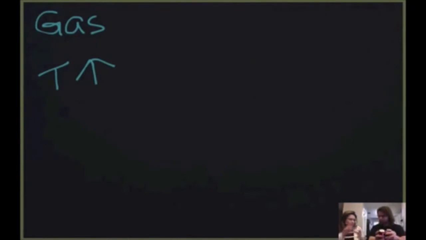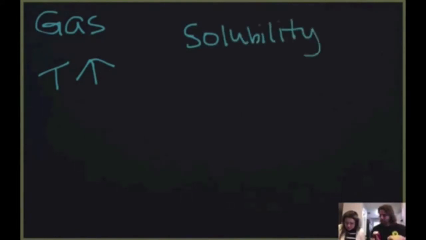So why is the can getting bigger? It seems like the gas that is in here is trying to get out. Right, so the gas is leaving the liquid and filling the space in the can. So if the temperature goes up, the solubility of the gas goes down. Exactly. It's not going to dissolve as quickly.